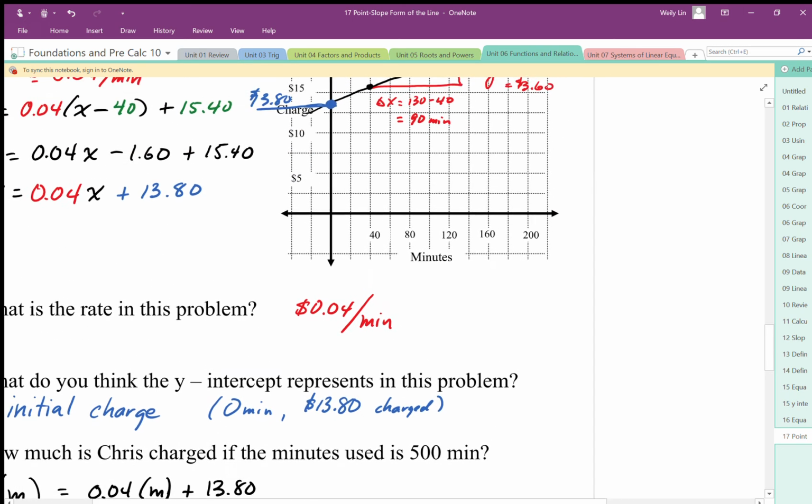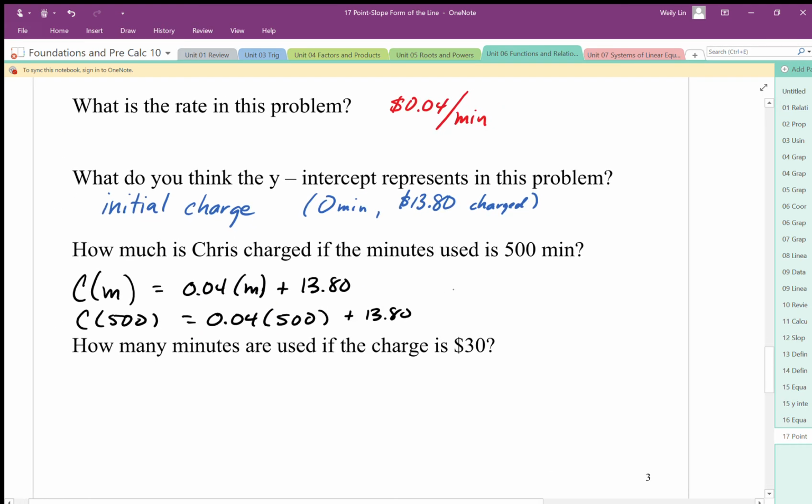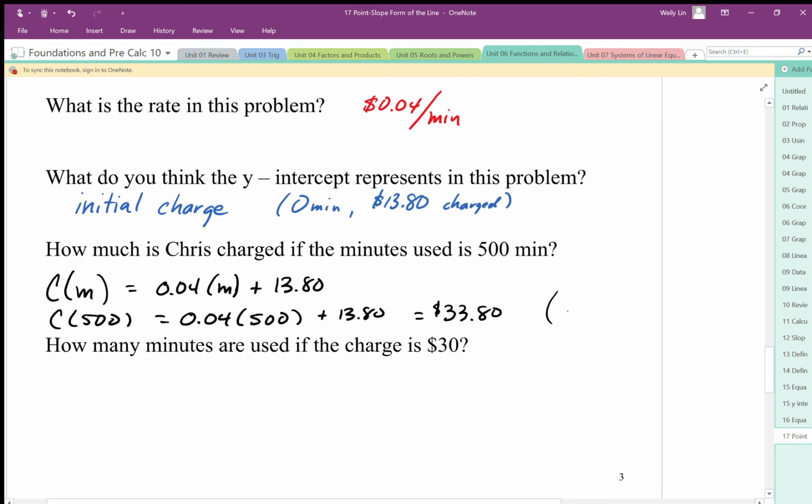It's hard to see on the graph because it goes well beyond the graph. So 0.04 times 500 plus the original $13.80, I end up with $33.80 charged. So at 500 minutes, I'm charged $33.80.